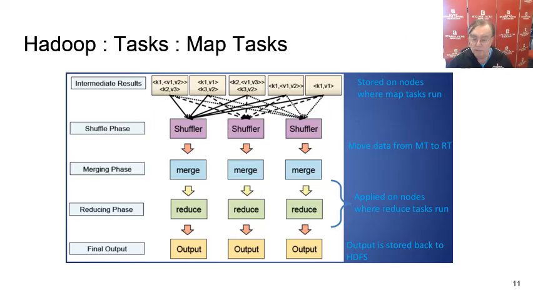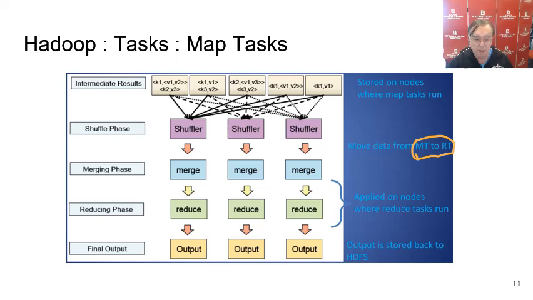Here is a general picture of what's going on here. We have moving the data from the map task to the reduce task. Here's the mapper. Results of the mapper here.